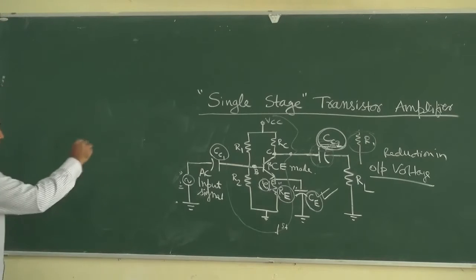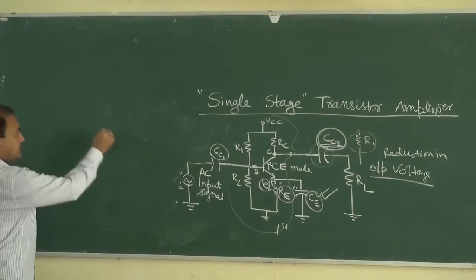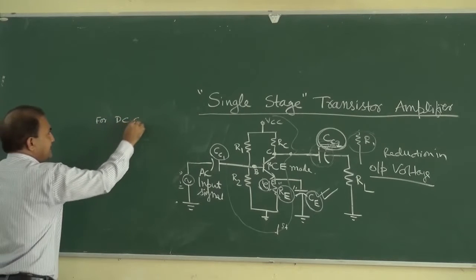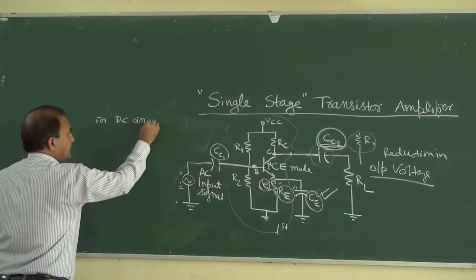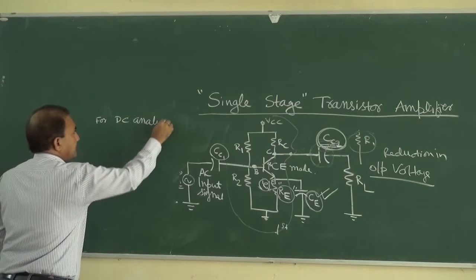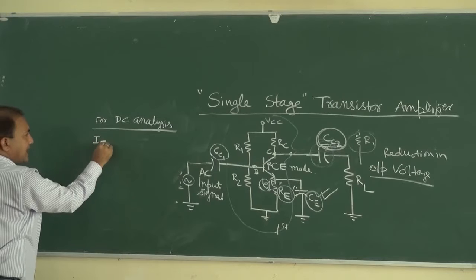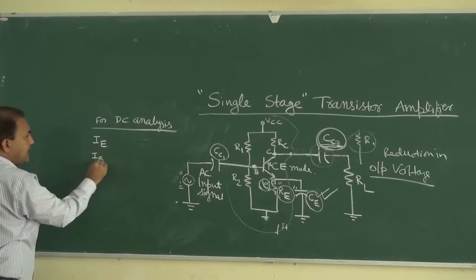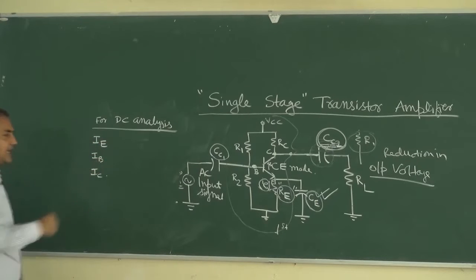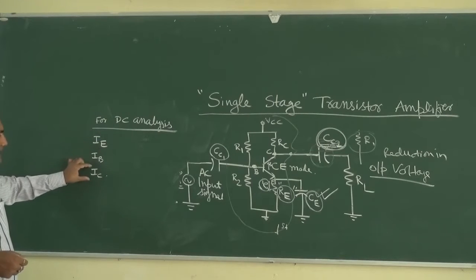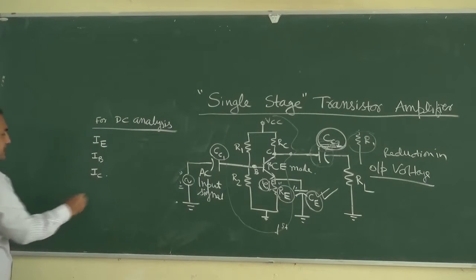Okay, now we will see, suppose for DC analysis, we can write IE, IB and IC. Okay, these are the DC emitter current, DC base current and DC collector current.